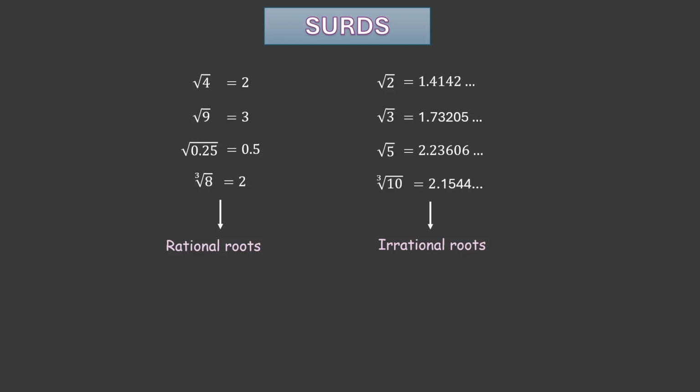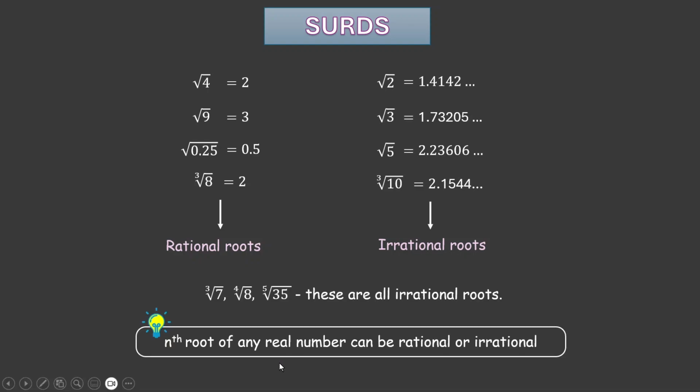But cube root of 10 is 2.1544 and so on, which is an irrational root. Let us look at some more examples of irrational roots. Cube root of 7, fourth root of 8, fifth root of 35. These are all examples of irrational roots. So we can conclude that nth root of any real number can be rational or irrational.